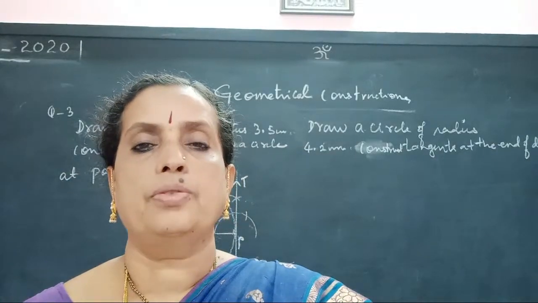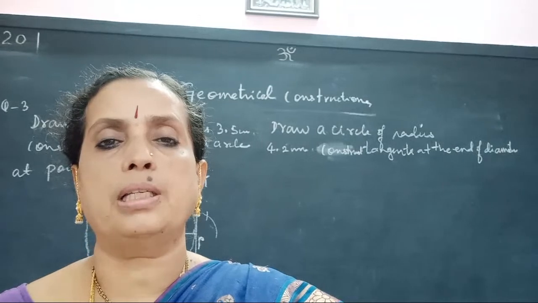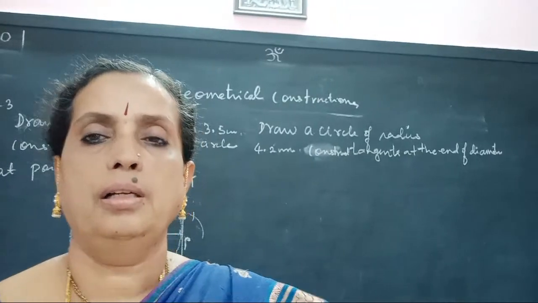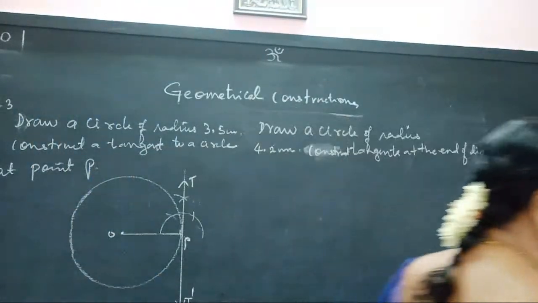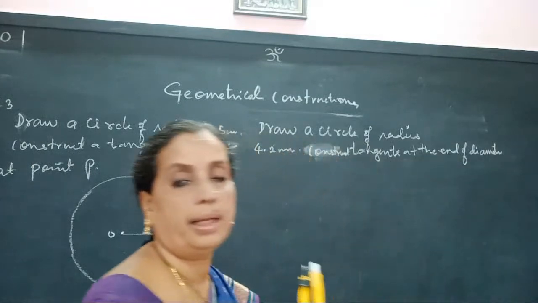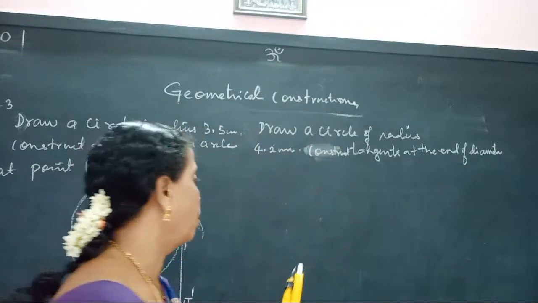So first, as usual, you have to draw a circle of radius 4.2 centimeter using your compass.